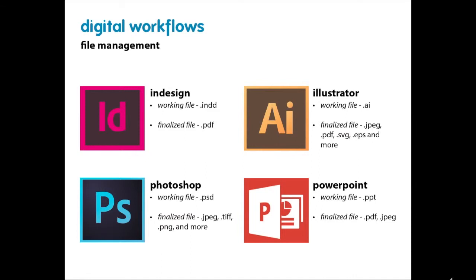Photoshop is a PSD, and you can export into many different types of finalized files, like a JPEG or a TIFF or a PNG. And then finally, PowerPoint has a working file of PPT or PPTX, and you want to export that as a PDF or a JPEG.